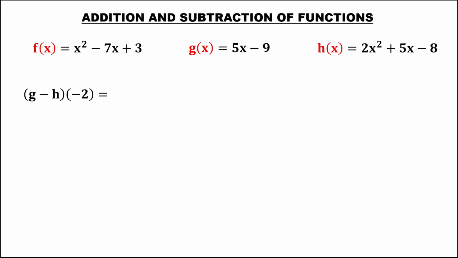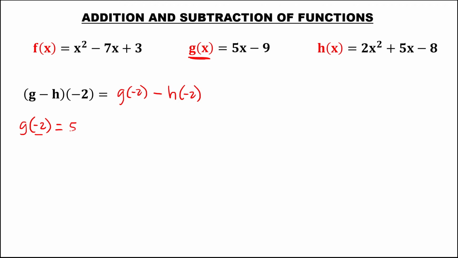Then for this given, this is equal to g of negative 2, then minus h of negative 2. So first, we need to find the value for g of negative 2 from g of x, but x is equal to negative 2.